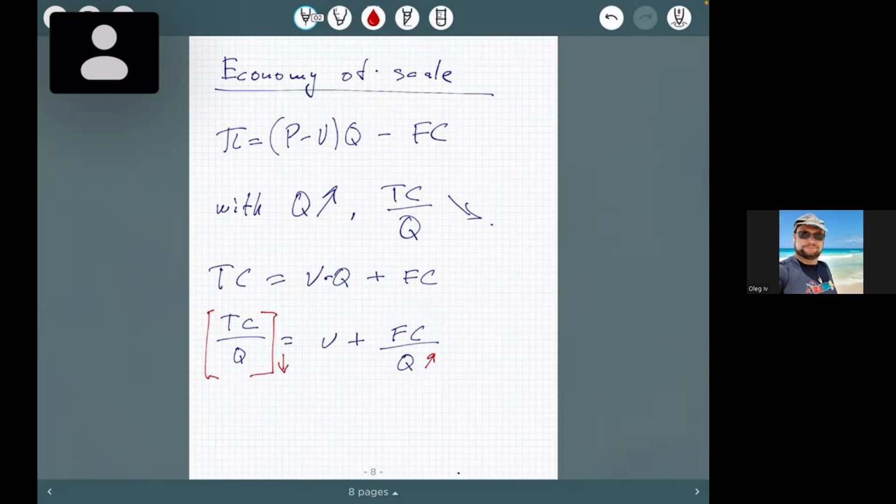It is not just a mathematical trick. It is extremely important to know, it's different for each business. It's extremely important to understand this concept and how it impacts business.